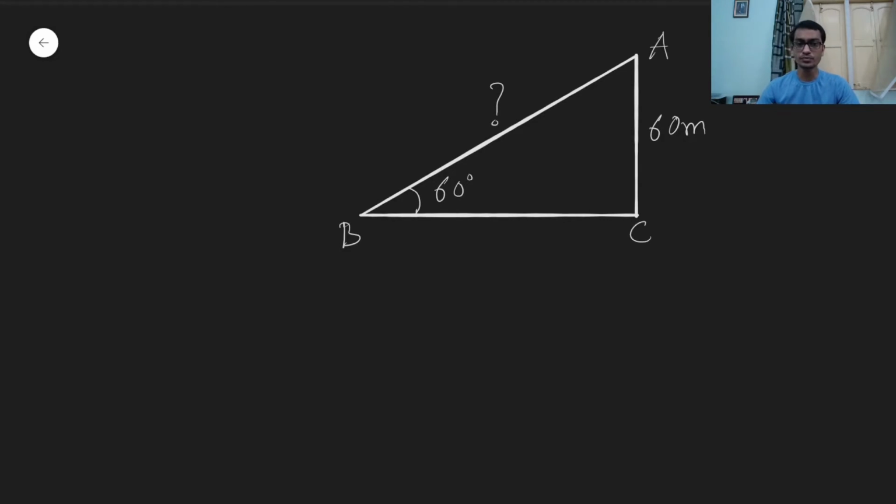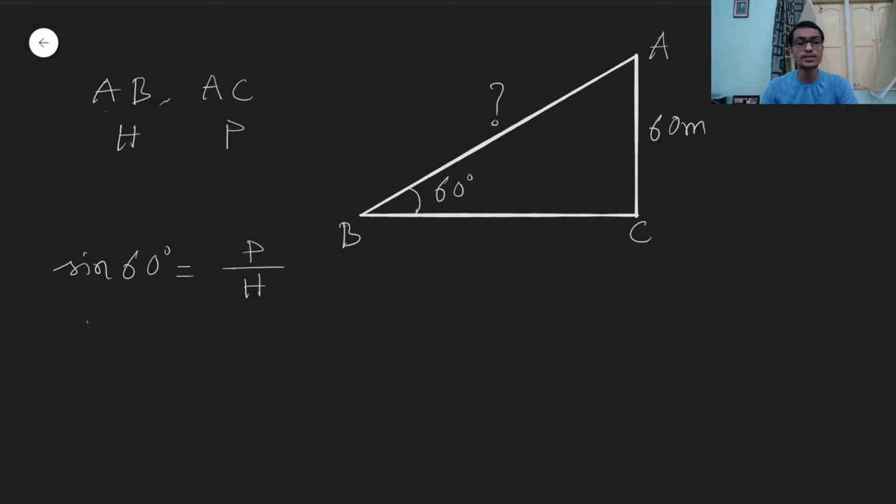Here also we will use the sides AB and AC. It is the same kind of problem. Here AB is hypotenuse and AC is perpendicular. So sine of 60 degrees equals perpendicular by hypotenuse.